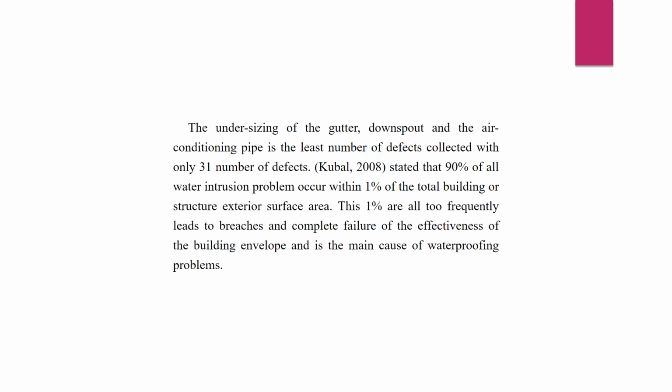It's interesting to note that one of the literature research, a good book from Mr. Cobalt, written in 2008, stated that 90% of the water intrusion occurred within the 1% of the total building surface or exterior surface. This 1% all too frequently leads to building failures, even though it's just 1%.